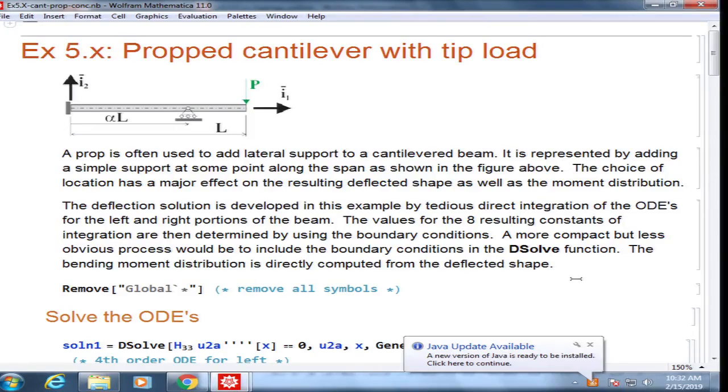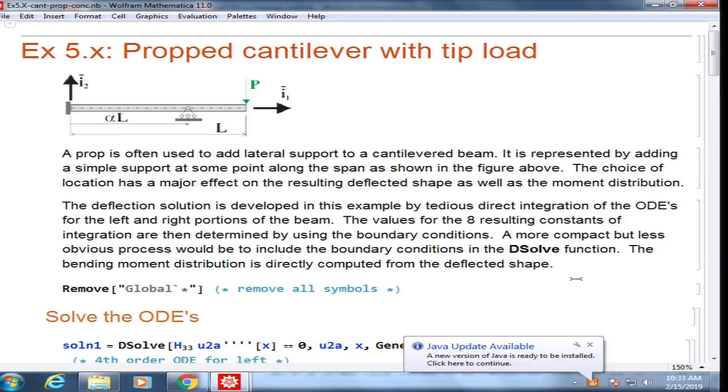I'm sorry, but for instance, if we have, instead of the support over there, an applied load in the middle of the beam, in that case we need to impose the continuity of the beam. So we will impose one on the displacement, but at the same time we will impose one on the shear force. So you will get a continuity equation for the shear force if you have a load.